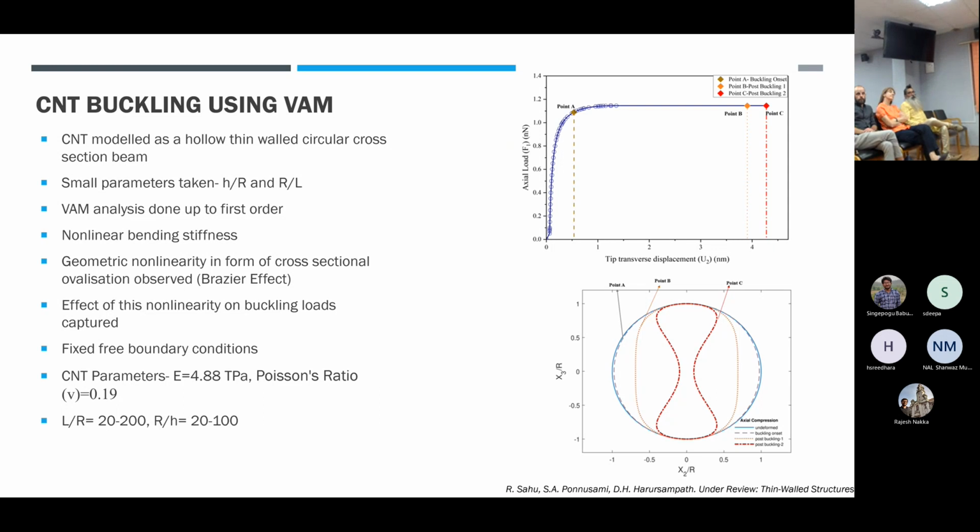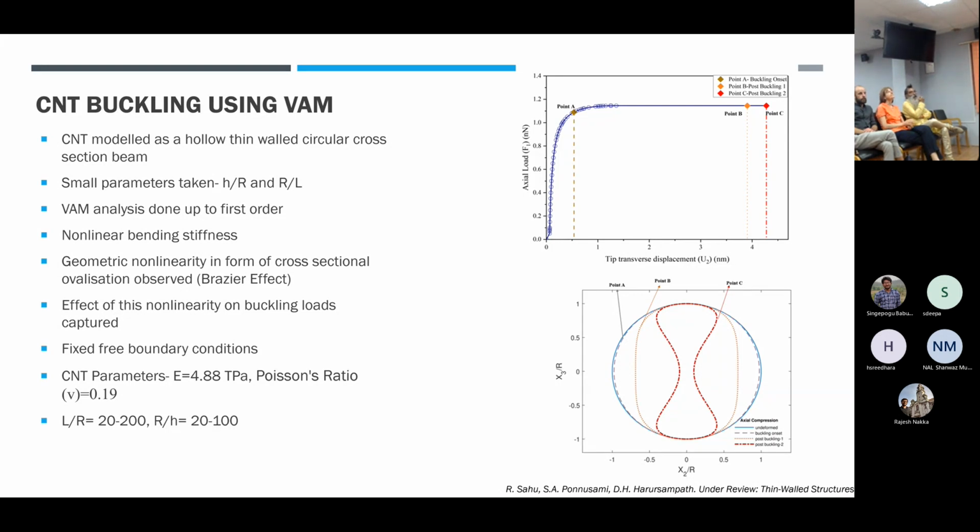And what we see is that there is a nonlinear bending stiffness, meaning that the bending stiffness is not independent of the curvatures. As the beam curvature changes, your stiffness also changes. So there is a complete to and fro of information between these two parameters. That affects the cross-section as well. So your cross-section deforms, and your stiffness changes.